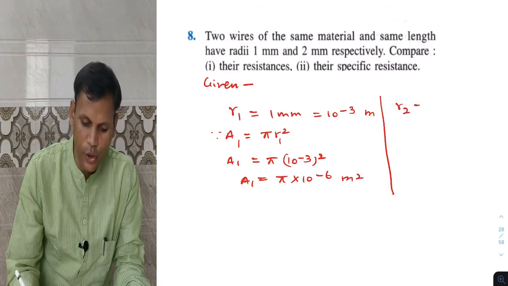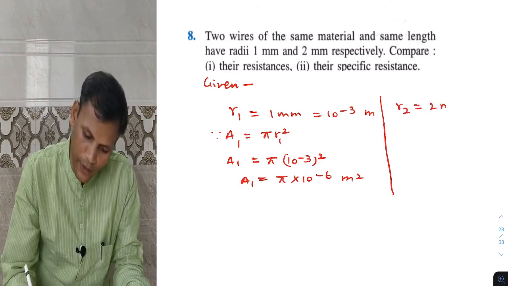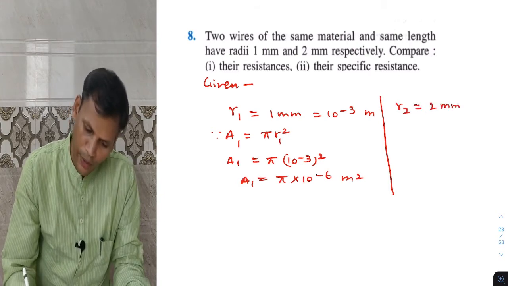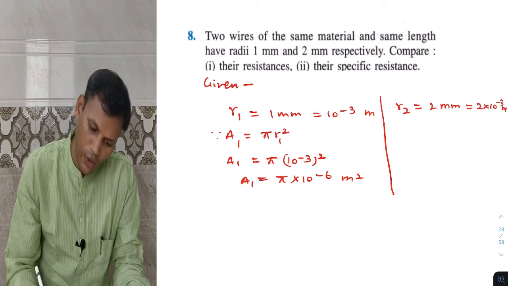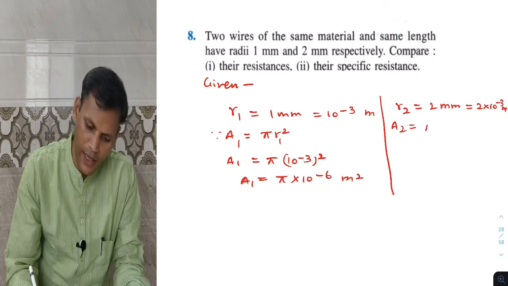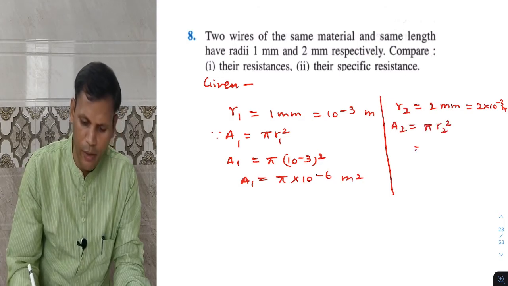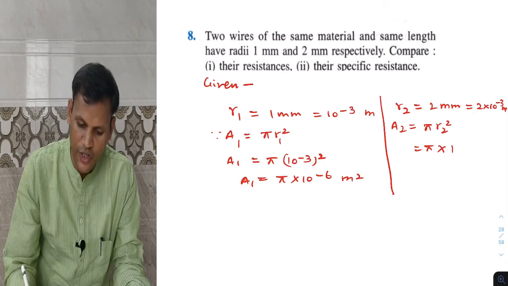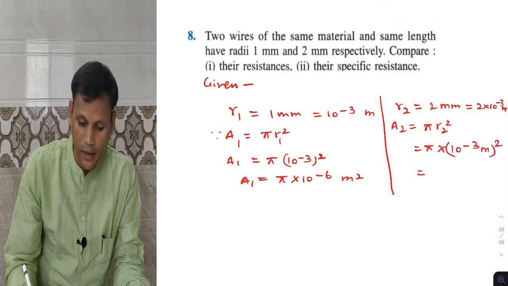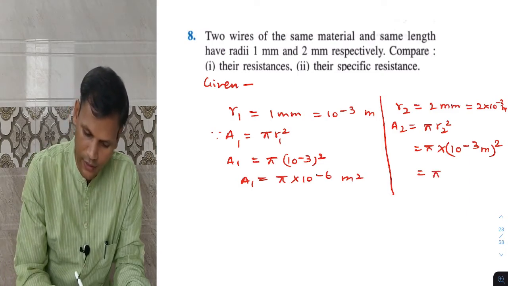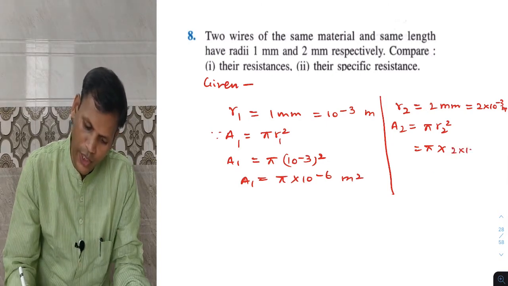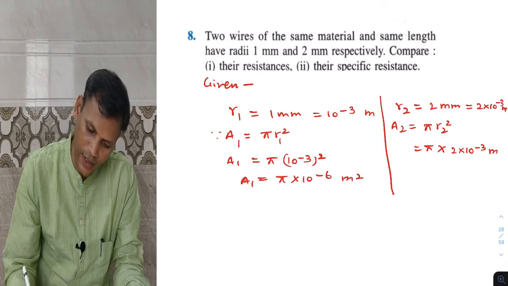Same way radius r2 is given, it is 2 mm, which I can write as 2 into 10 raised to minus 3 meter. Now A2 will be pi r2 square, which will be pi into 2 into 10 raised to minus 3 meter, whole square.